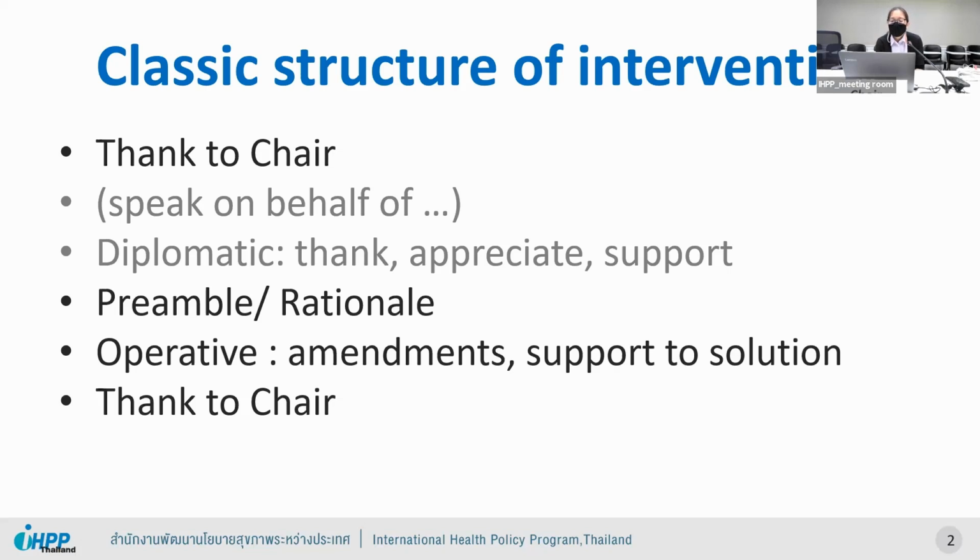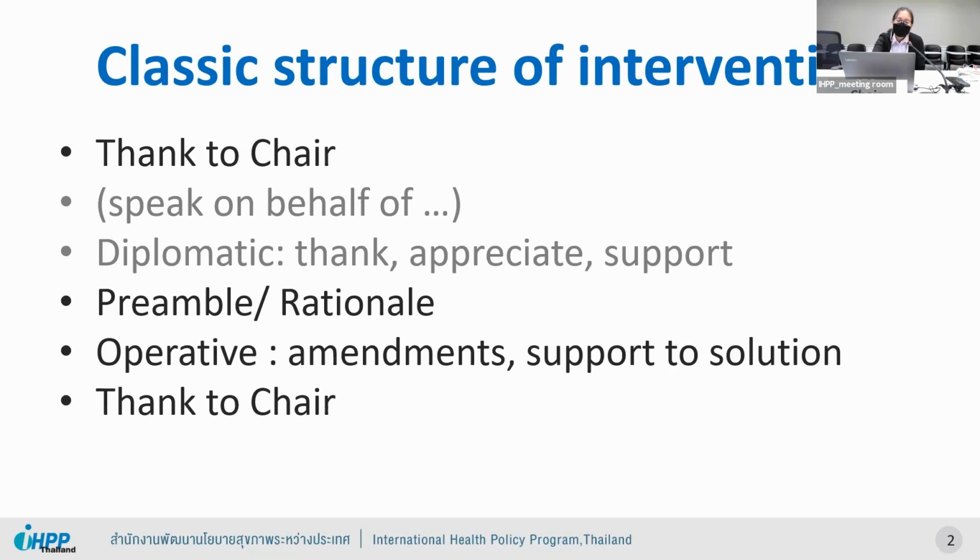And then you may thank or appreciate the secretariat. And then it comes to the preamble or the rationale for why you would like to deliver the intervention, and then the key point or the main content of the intervention, plus the talking points and the supporting evidence, and then thank you, Chair.